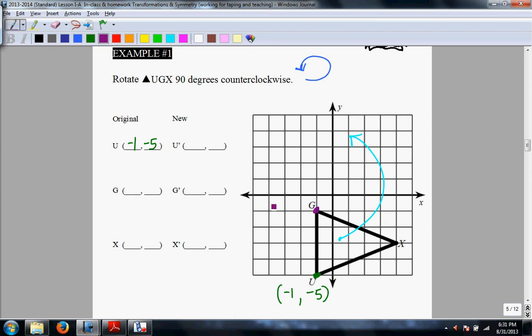Our original G coordinate is again -1, and then -1 again. Our X coordinate, 1, 2, 3, 4. It's 4 to the right and 1, 2, 3 down. So it's 4 to the right and 3 down.